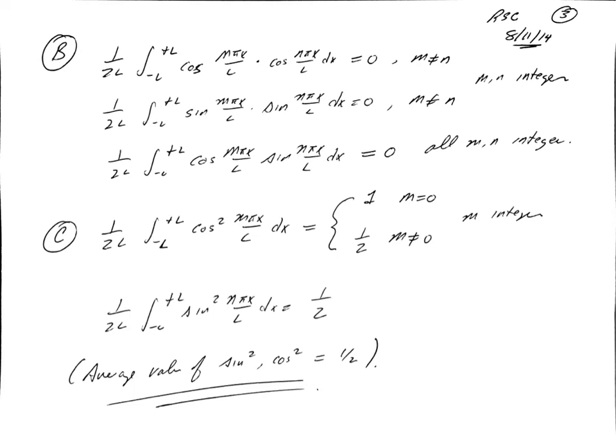Then the interesting thing is, if m is not equal to n, the integral of this product of cosines is 0. Similarly, for m not equal to n, for products of sines, the integral is 0. And the integral of a product of a cosine and a sine is 0.